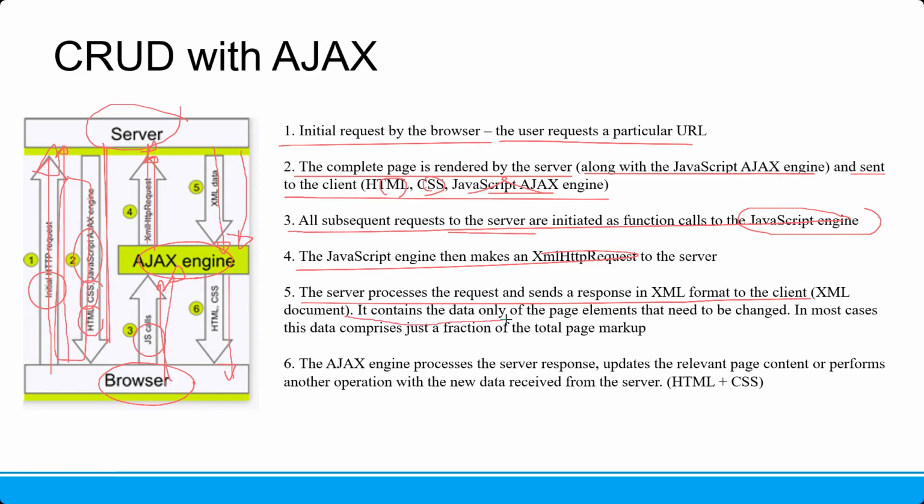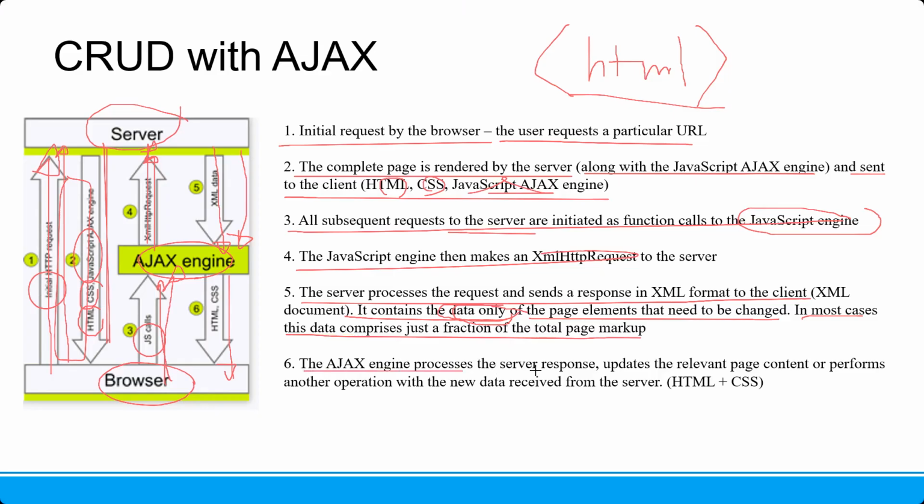It contains the data only, just the data of the page elements that need to be changed. So everything else in the HTML will not be changed. They just send the data only. In most cases, the data comprises just a fraction of the total page markup.